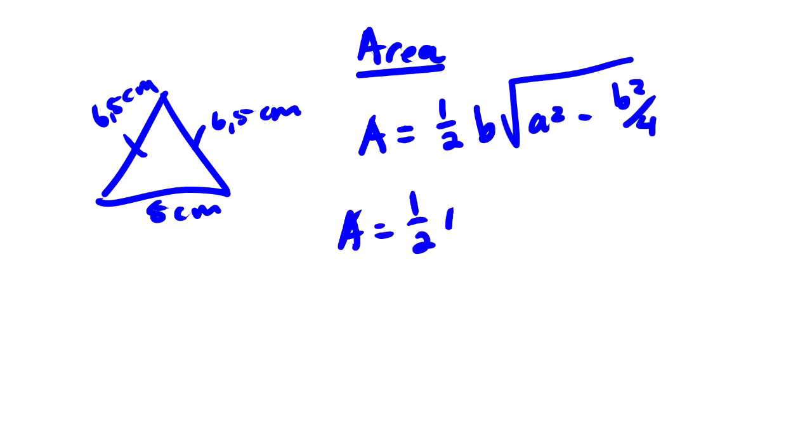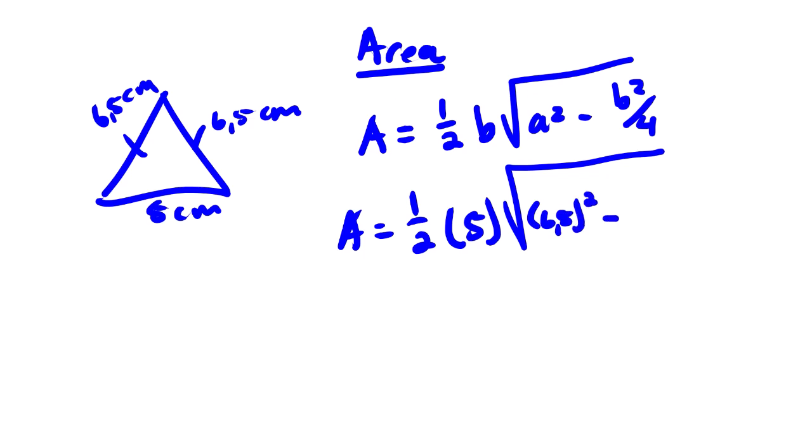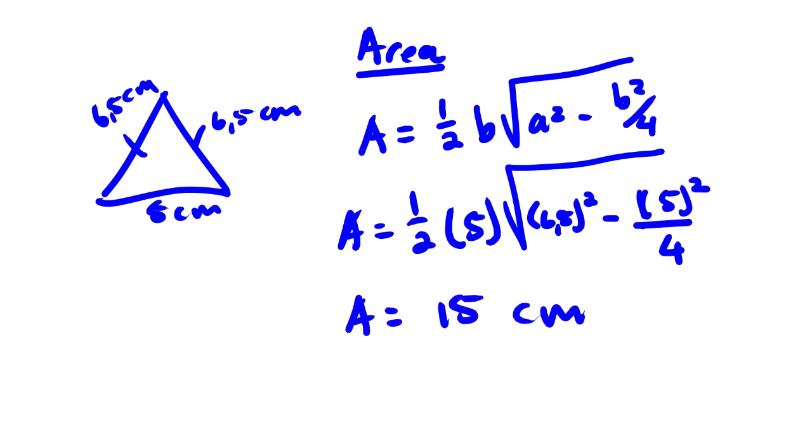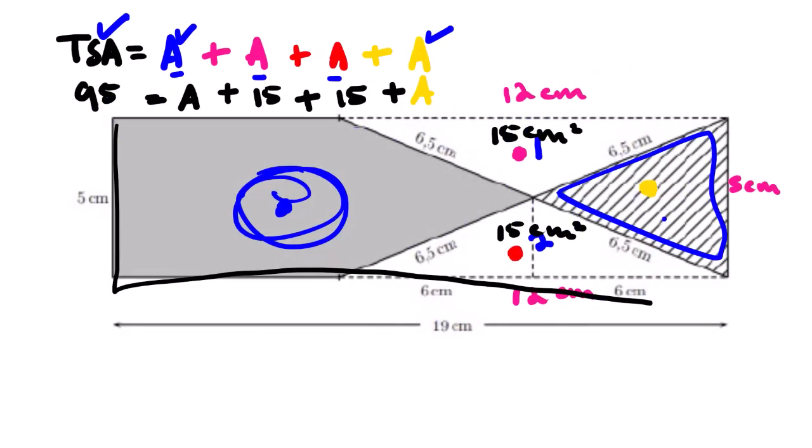We have half, the base is 5 in this case, square root of a, which is still 6.5 squared, minus our b, which is no longer 12 but 5 squared, over 4. We find that we have 15 centimeters squared again. So going back to our diagram, we have 15 centimeters squared.